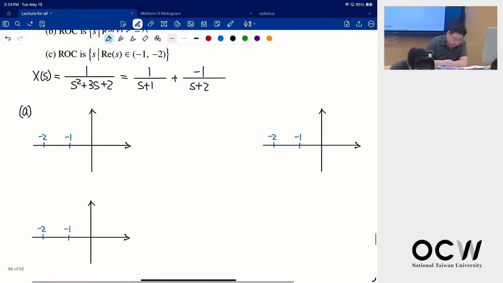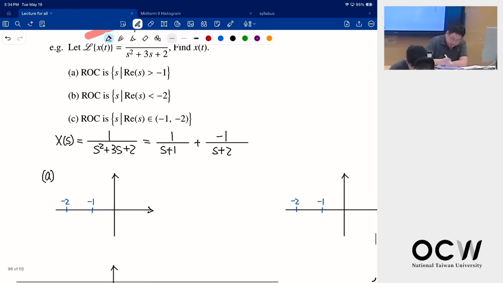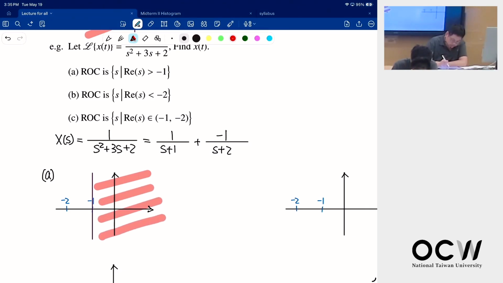So first, the real part should be greater than minus 1. If it is greater than minus 1, we do the intersection, right?